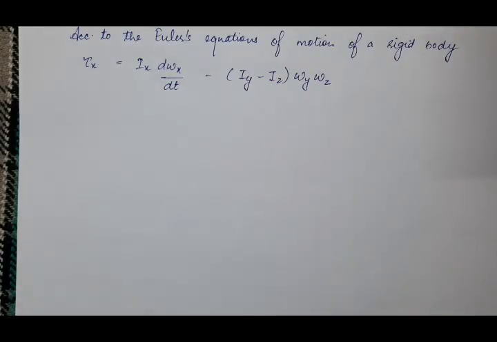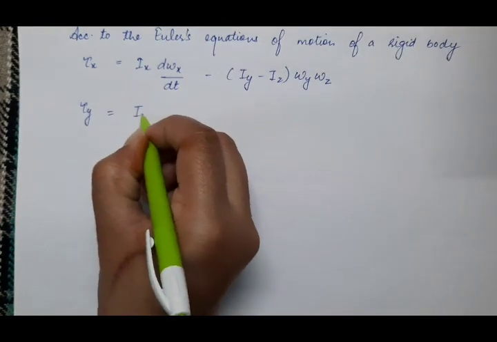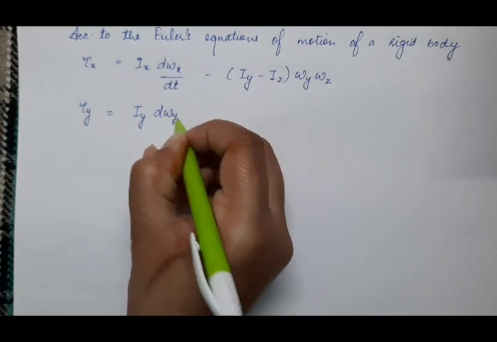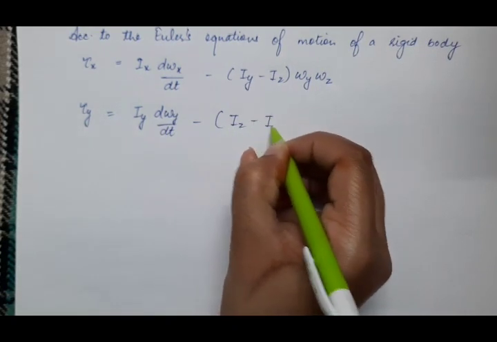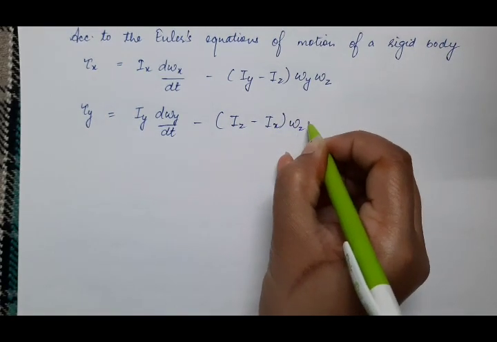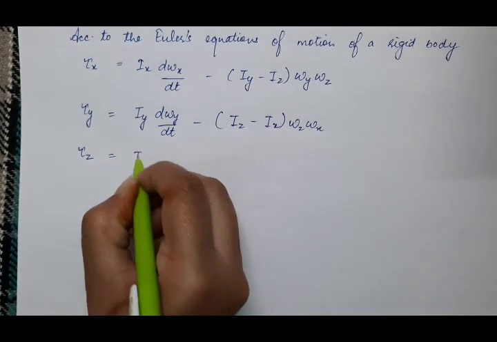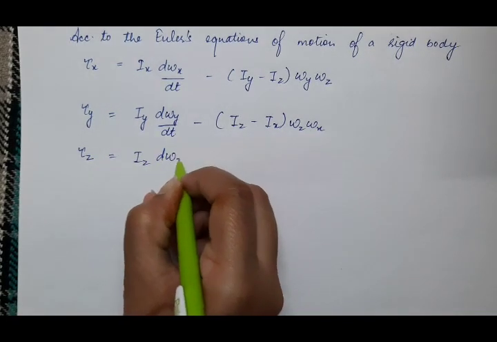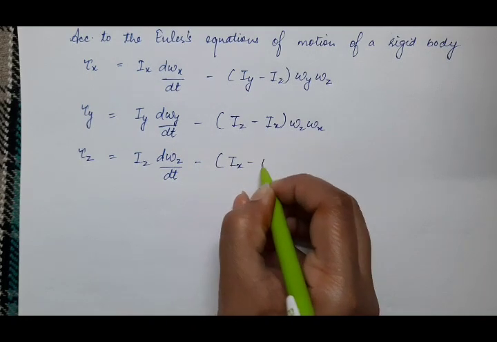So this is the first Euler equation of motion of a rigid body, and the second equation is tau y, which is equal to Iy d omega y by dt minus Iz minus Ix omega z into omega x, and the third one is tau z, which is Iz d omega z by dt minus Ix minus Iy.